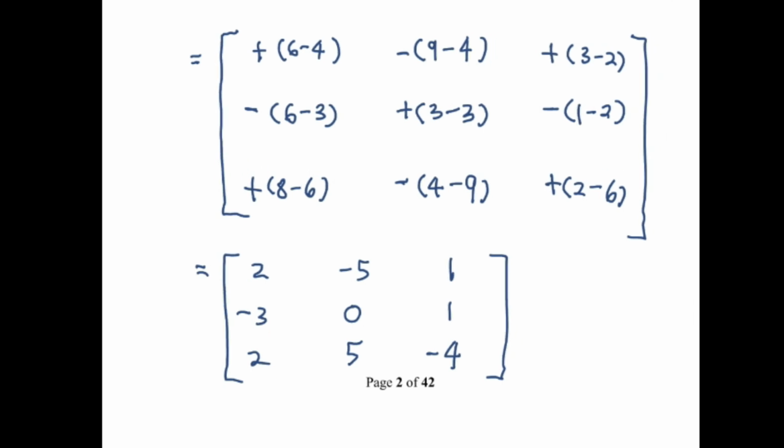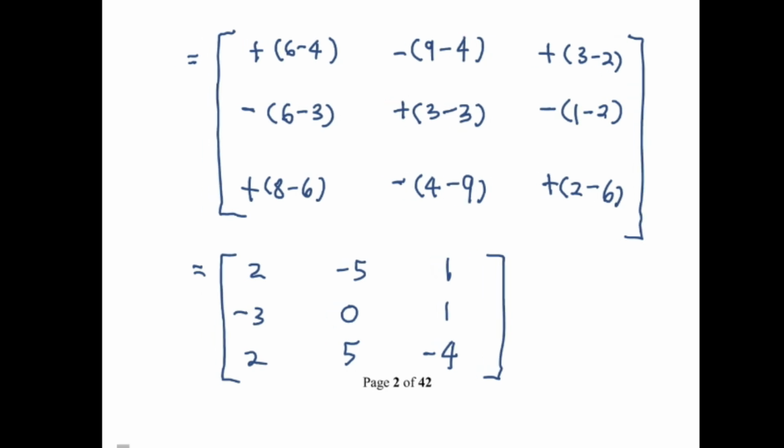Okay, do you understand how to get the cofactor matrix first? Alright, if you understand, now we go to the next step, which is to find the adjoint. As you have learned, the adjoint of A is the cofactor matrix of A that we transpose.